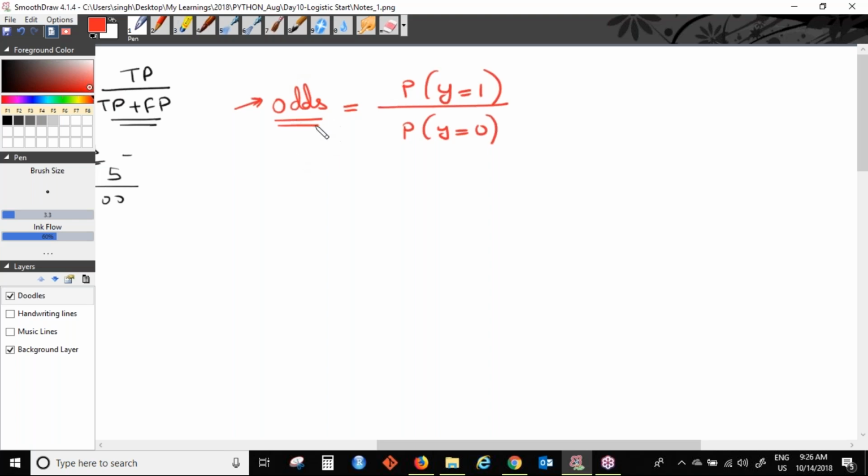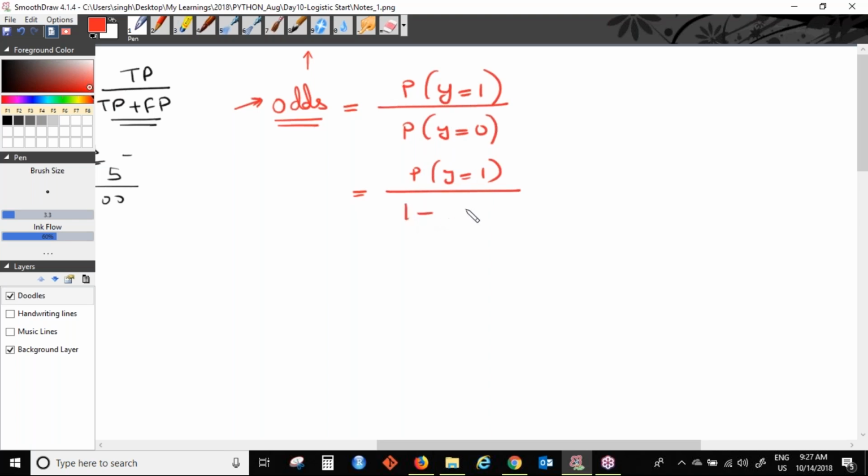What is odds actually comes from horse racing. In horse racing they use this a lot. What are the odds of this horse winning the race? So it has this formula: probability of y is equal to 1 as numerator and probability of y is equal to 0 as the denominator. Now we can plug the logistic response function's value here, and we can break this down.